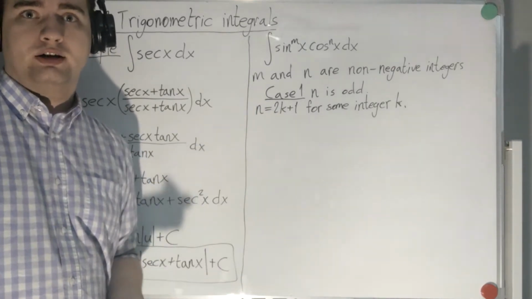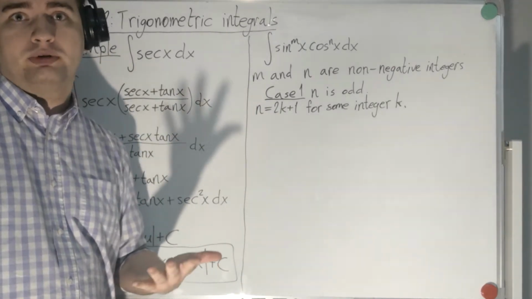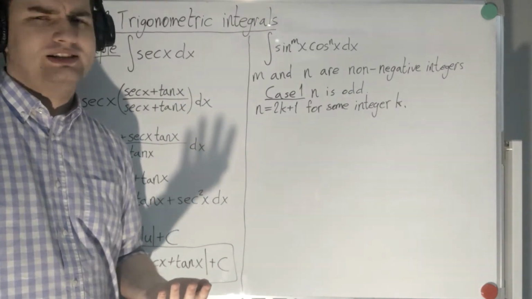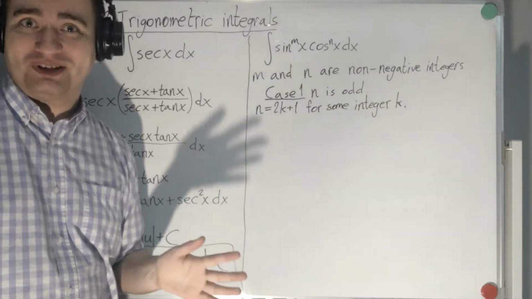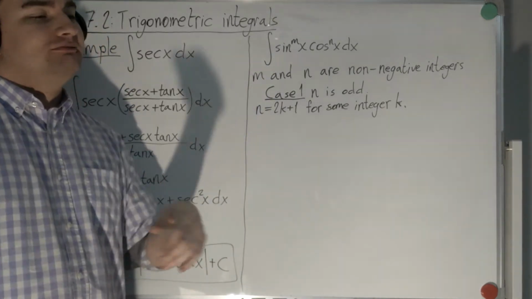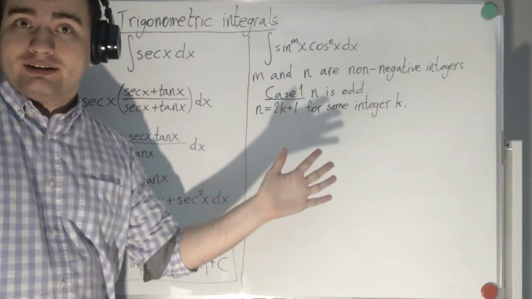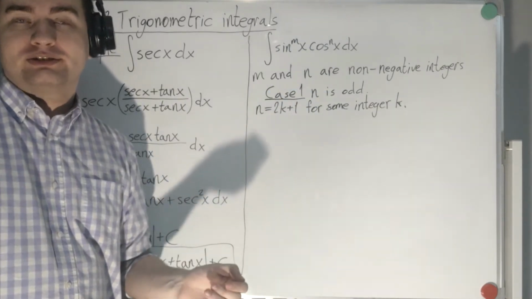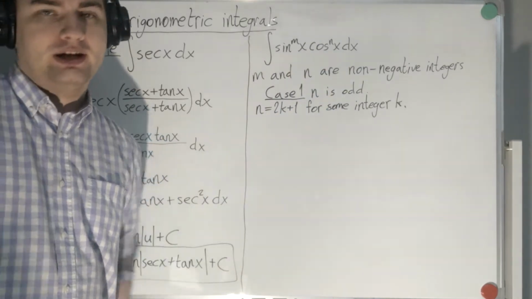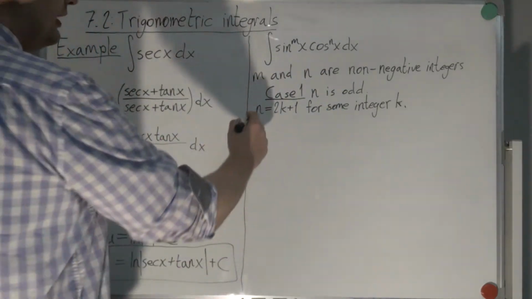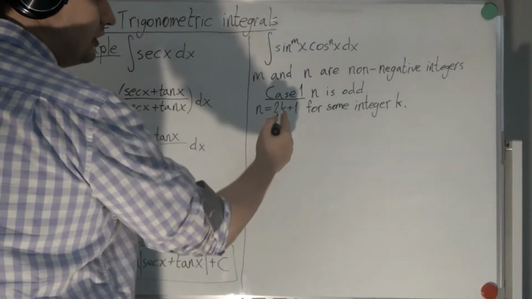And 1 is an odd number because it's 2 times 0 plus 1. Negative 3 is an odd number because it's 2 times negative 2 plus 1, and so on. You get the idea. Okay? So every odd number is 2 times some other integer plus 1.